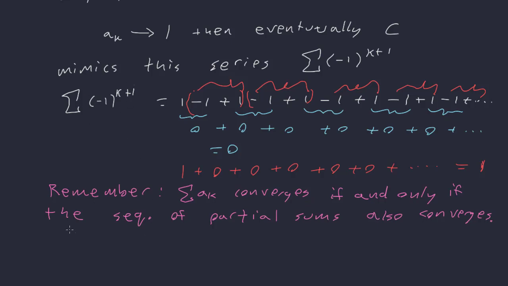look at the sequence of partial sums, well, S1 will just be 1. Then S2 will be 1 minus 1, which is 0. Then S3 will be 1 minus 1 plus 1, which will be 1. And S4 is going to be 1 minus 1 plus 1 minus 1, which is 0.